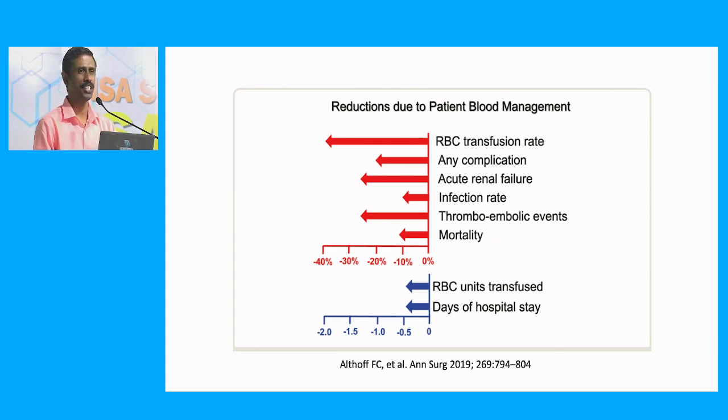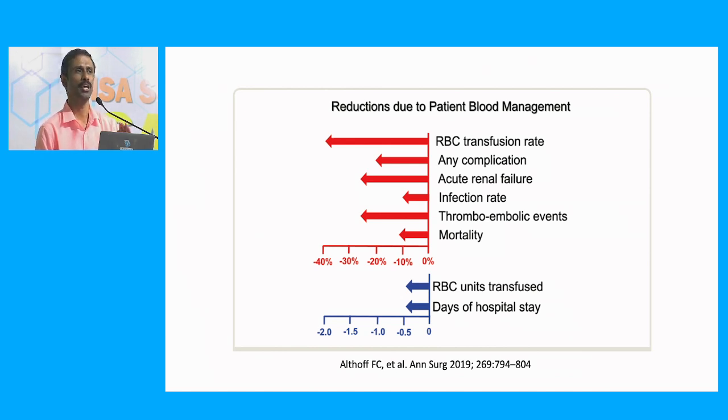Has it enhanced patient safety? Definitely. Transfusion rates have come down, complications have come down, incidence of acute renal failure, infection rate, thromboembolic events, mortality, they have all significantly come down. That's the reason why there is a push.